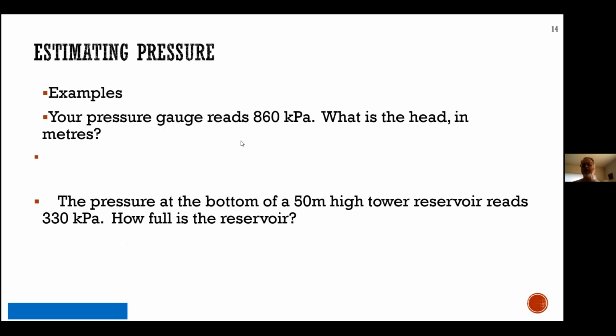So for example, the relationship again, if your pressure gauge reads 860 kPa, what's the head in meters? Well, we know that when we're working with kPa, it's almost a factor of 10 exactly. So 0.1 is almost the exact same thing. There's a couple of decimal points there of dividing by 10, 86 meters of head.